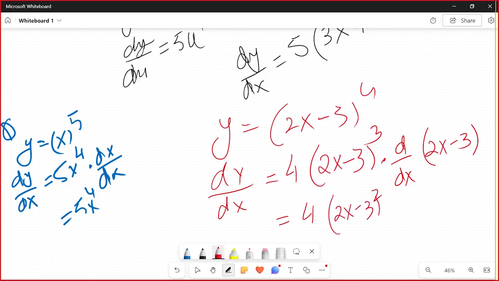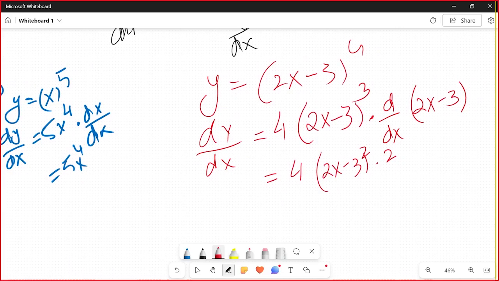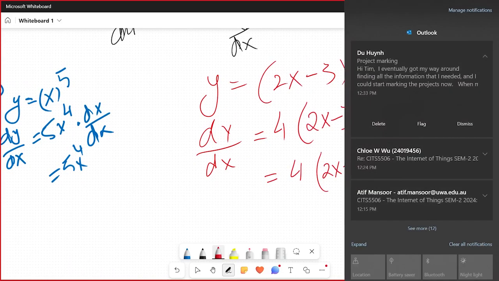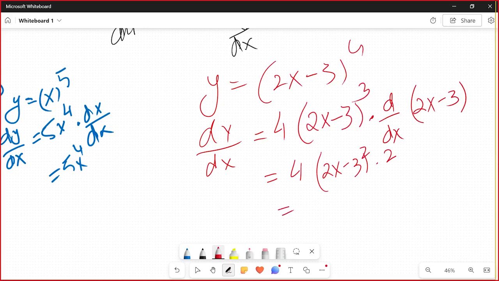What is this derivative which you are taking now? It's 2. So this becomes 8 into 2x minus 3 squared.